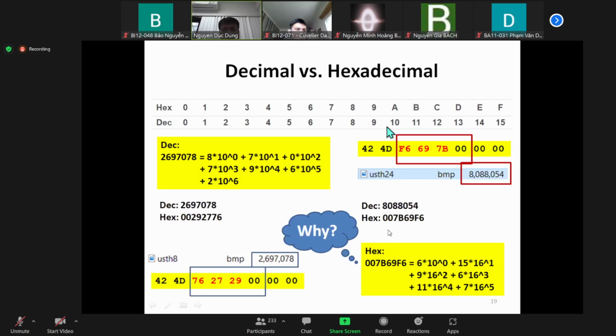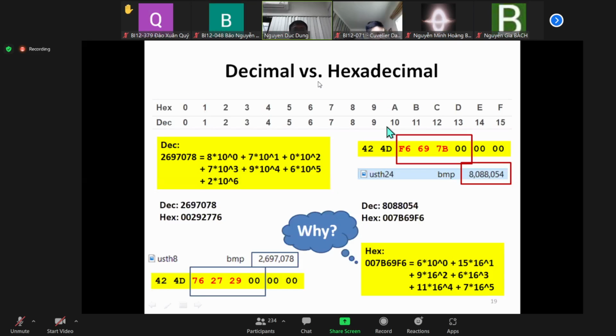Most everything we use decimal numbers. The question is, why don't we use the same numbering system in the computer world, but hexadecimal instead? Who has an explanation, or some hint about that question? Please raise your hand if you have any idea.